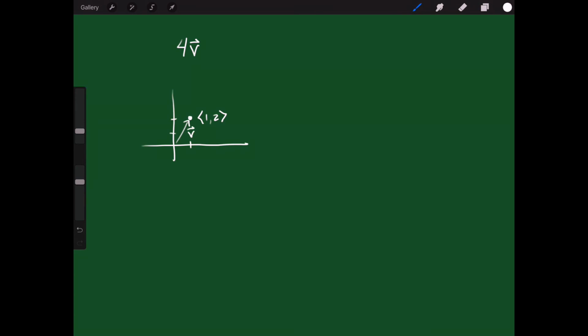Really this is the same thing as saying v plus v plus v plus v. In other words, I take v and go v again and again and again. What would I end up with? Well, I go right 1 up 2, right 1 up 2, right 1 up 2, right 1 up 2. Where would I end up?